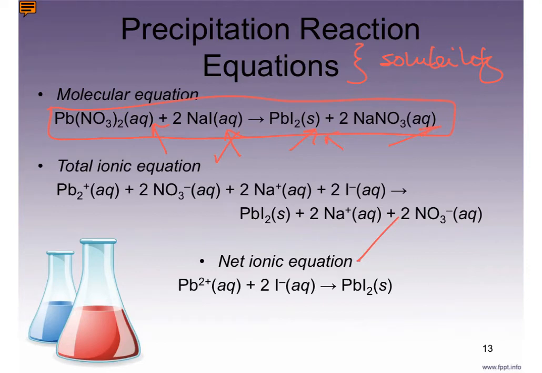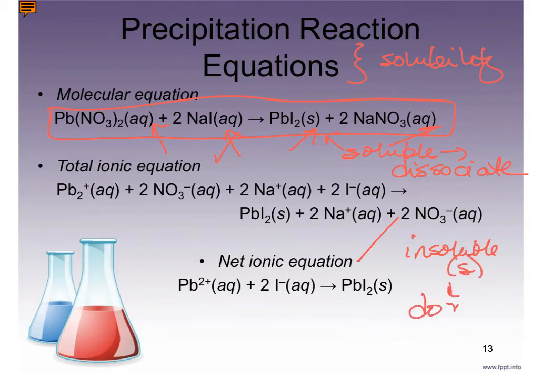Now, remember that as far as ionic compounds go, if an ionic compound is soluble, it dissociates, right? As soon as an ionic compound dissolves in water, it dissociates. If something is insoluble, which is designated with a solid symbol, it does not dissociate. It's not dissolved in water, so you need to show it as intact in the reaction.